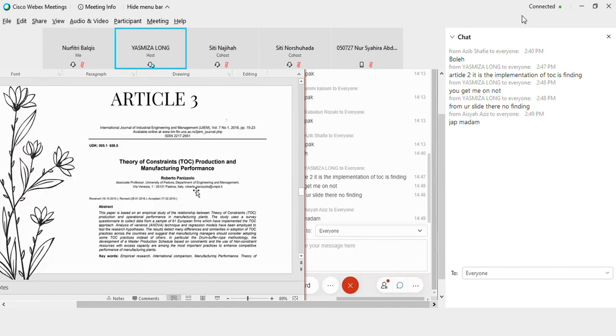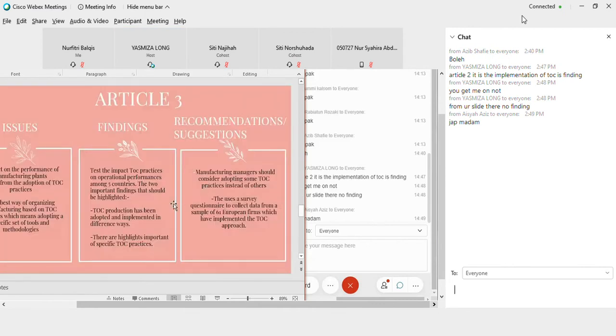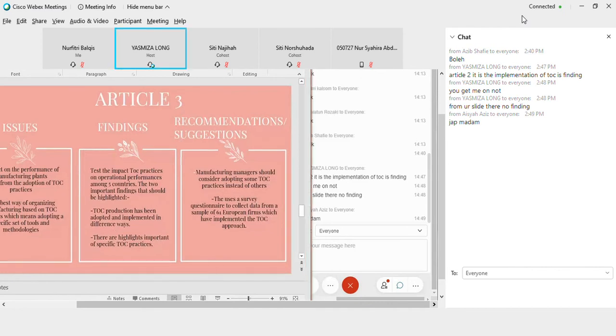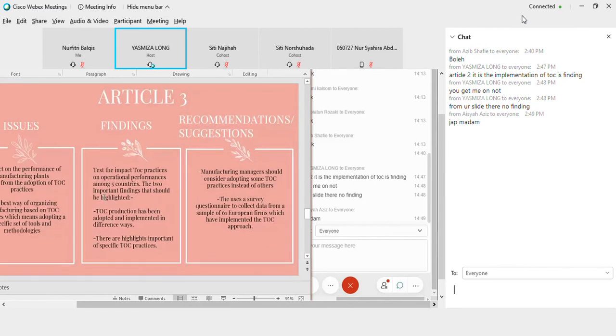So the article tu about the... okay. That means the article tu tak ada masalah. Dia just nak tengok the industry dekat Europe Western, they use or not TOC.